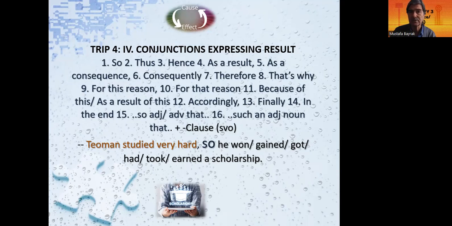Therefore, that's why, for this reason, for that reason, because of this, as a result of this, accordingly. It is so natural. Teoman studied very hard. Accordingly, he gained a scholarship. Simon didn't study very hard. Accordingly, he didn't gain a scholarship.